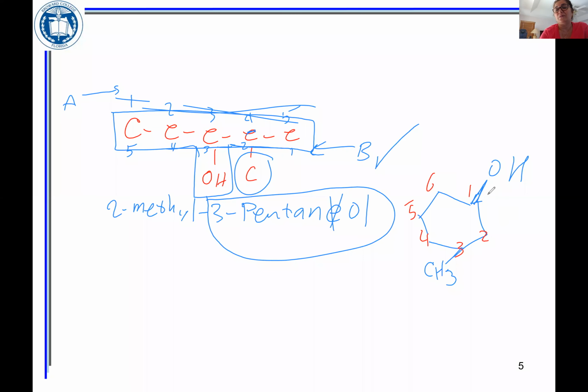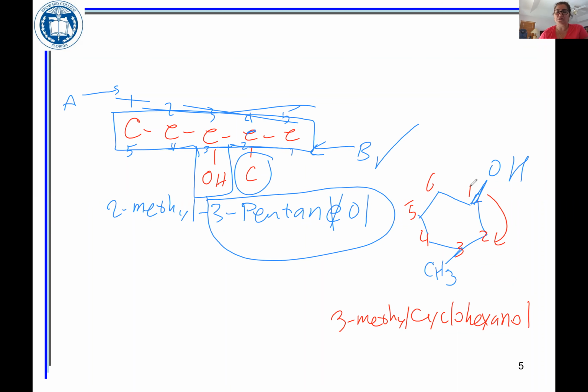Going down, or clockwise, would be the proper way, because if the OH is on carbon 1, you want the methyl group to be on the lower number, and that is a 3. So in a cyclohexanol, you don't have to say that OH is on carbon 1, because it's understood. 3-methylcyclohexanol.